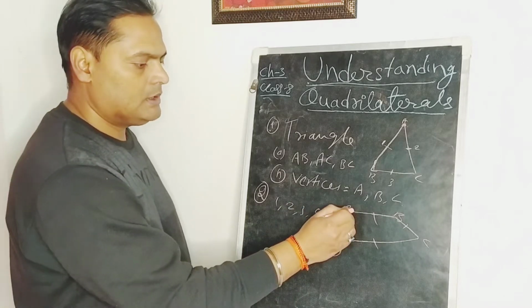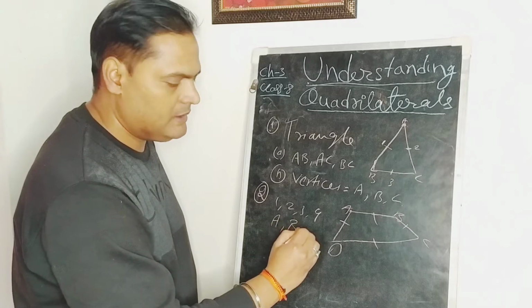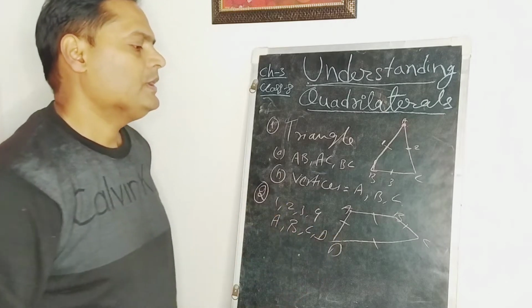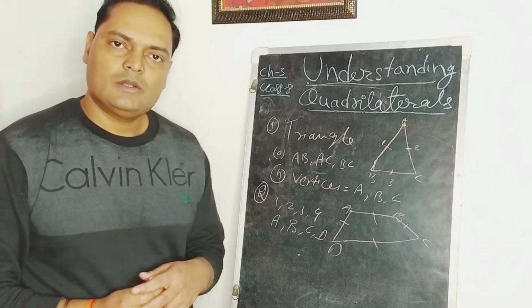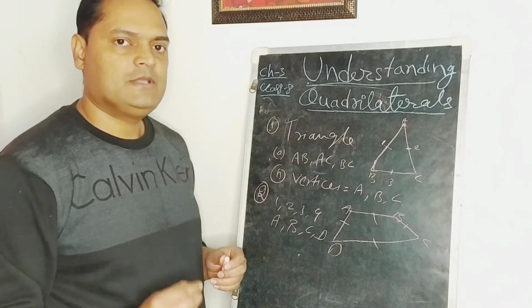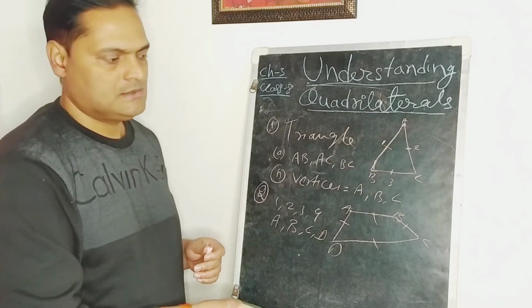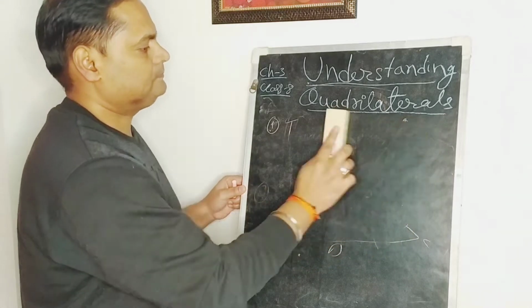Similarly, I can write the vertices, that is vertex A, B, C and D. So similarly, you can classify the polygons on the basis of the number of sides and the number of vertices in it.